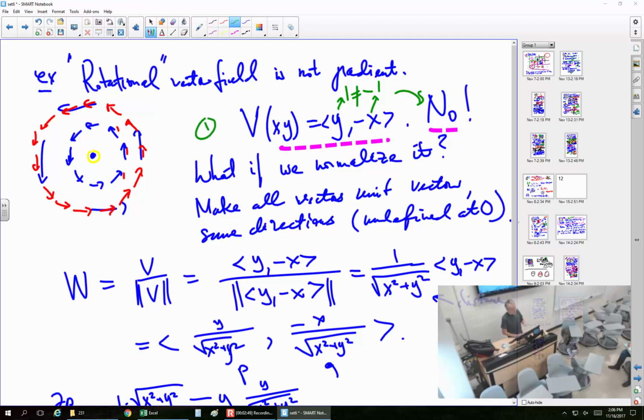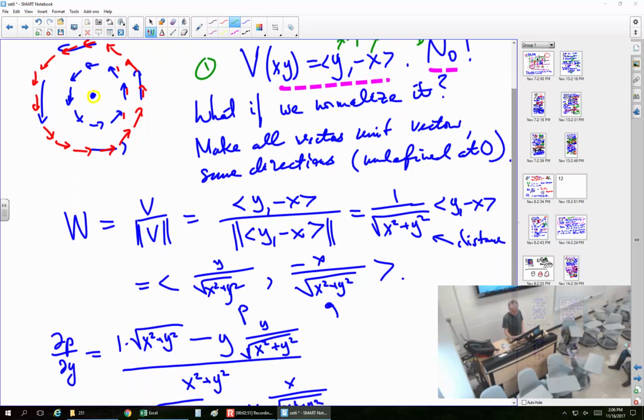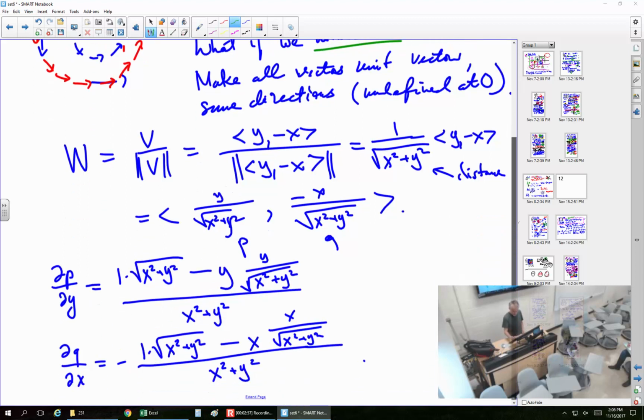But then let's try to modify it slightly, which I did next, and I normalized the vector field, so made all the vectors unit. The differentiation produced, I didn't take it all the way through, but you probably can see that things do not work out in the sense that these two still don't match.